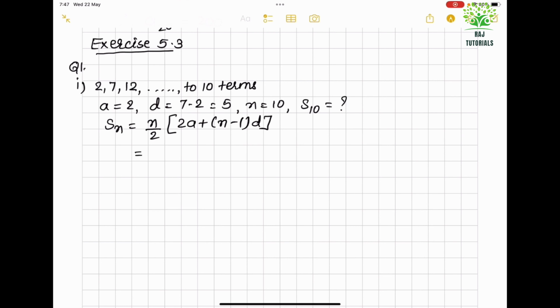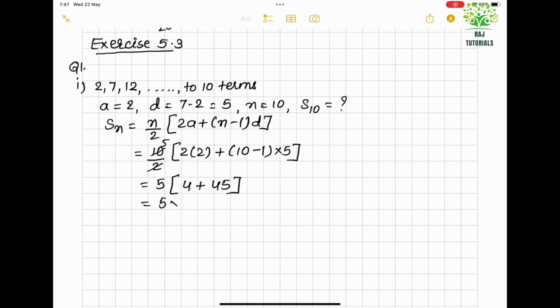So putting the values, 10 by 2 into 2 into 2 plus 10 minus 1 into 5. So solving that, 5 into 4 plus 9 5s are 45. 5 into 49, that is 245.